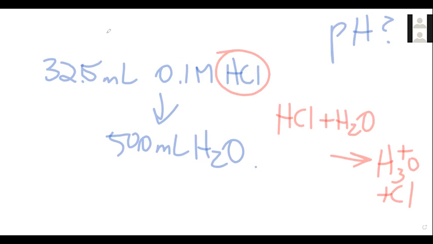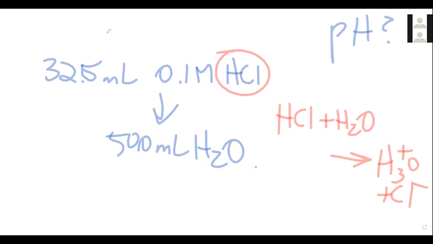So that is a strong acid, which means it dissociates completely. If it was a weak acid, it'd be different. Actually, we can do a weak acid next. The reaction would be HCl plus H2O gives you H3O plus and Cl minus.